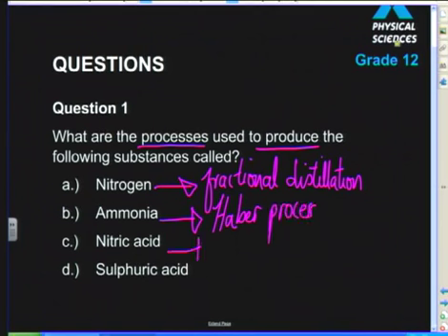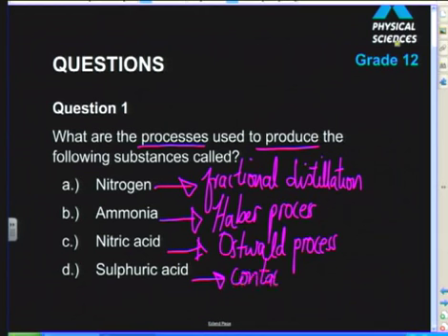For nitric acid, we use the Ostwald process. I can hear voices of some of you following it up with me and saying these processes. For sulfuric acid, what process are we using? We use what we call the contact process.